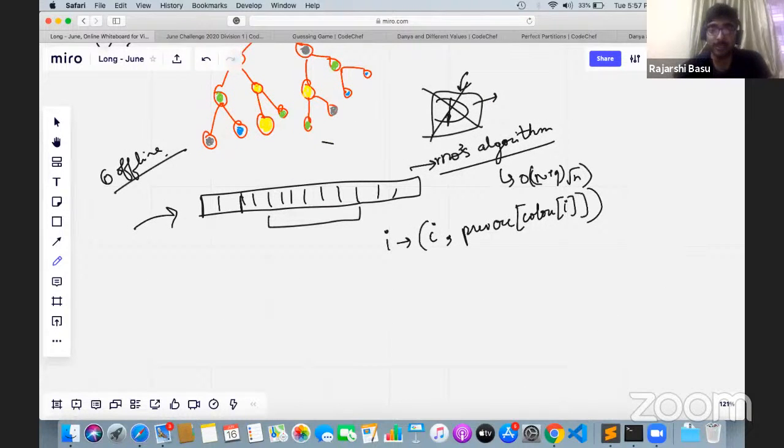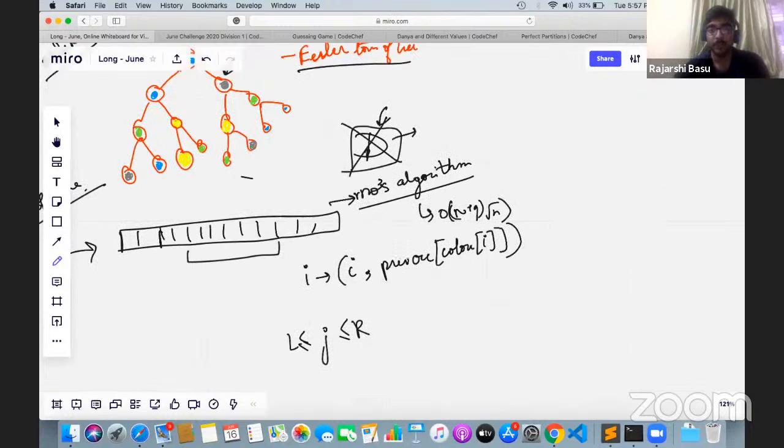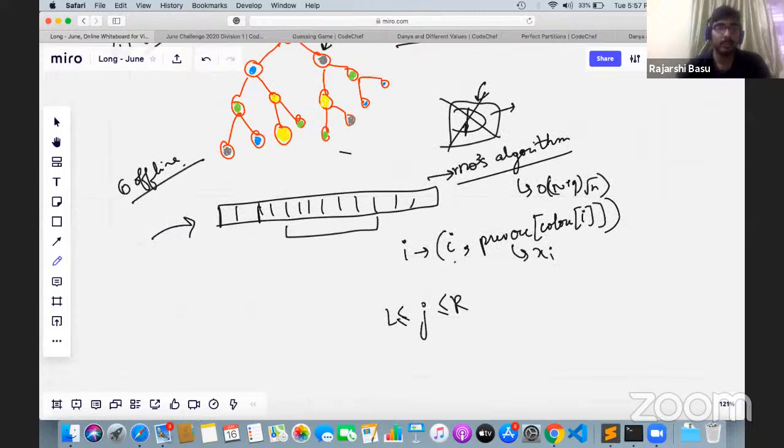Then the problem basically reduces to counting the number of j between L to R. Let me call this x of i. So it basically means that if this was orange and this was also orange, the index here was 18 and the index here was 17, or rather 16, then for this particular index, you form the pair 18, 16.